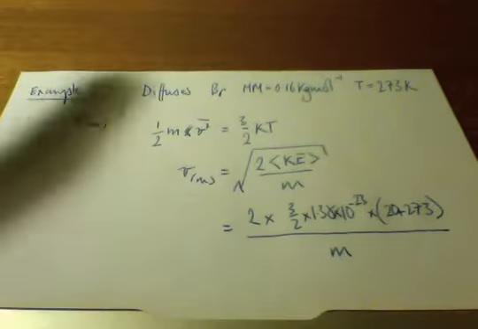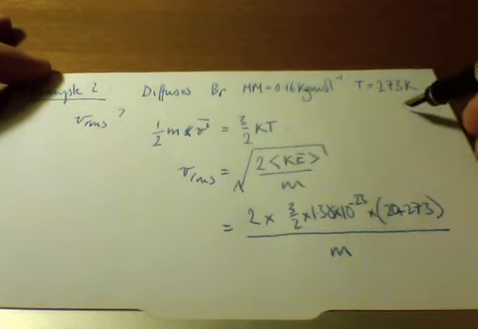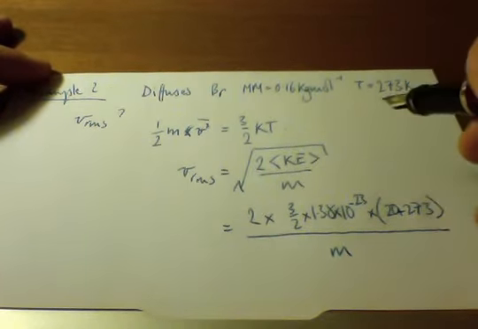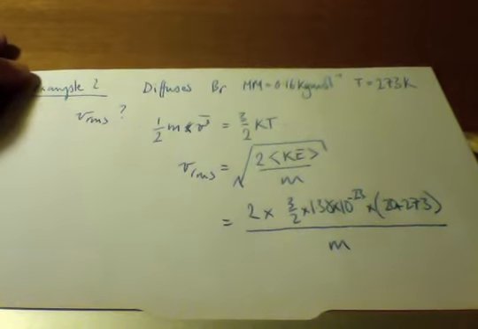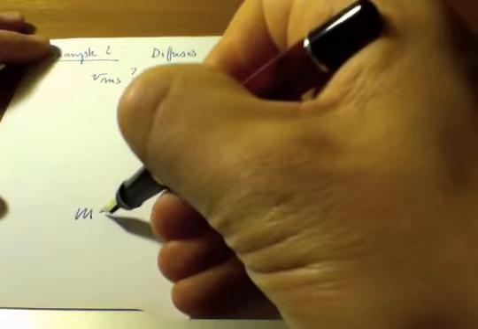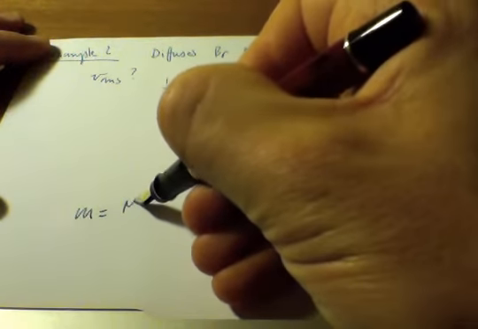Now, interesting point here. The mass is not the total mass, but we're looking at the mass of one individual particle. So, what we need to do is find out somehow, with our molecular mass here, what the mass of one particle is. Okay, I think that's fairly straightforward.